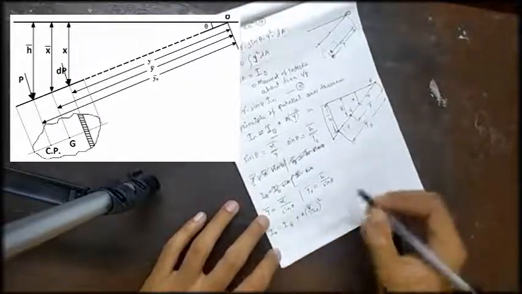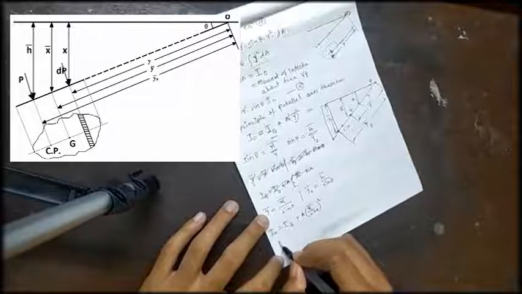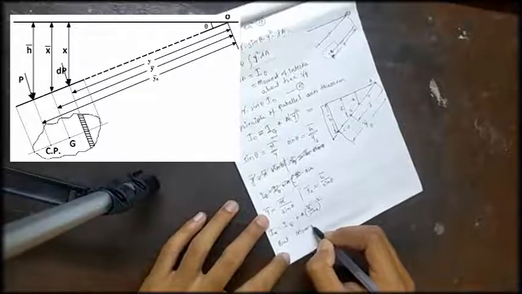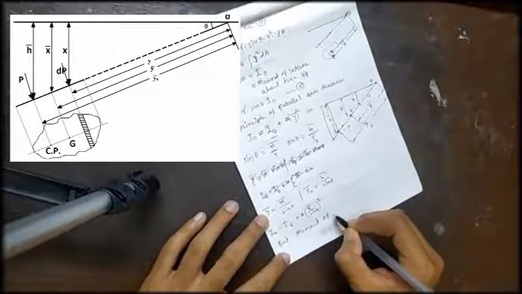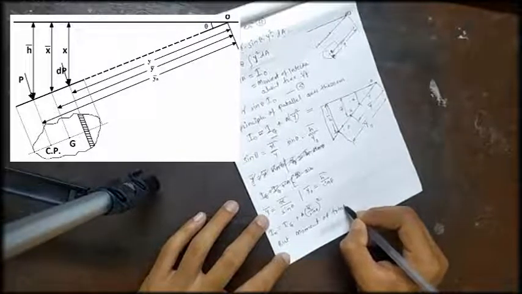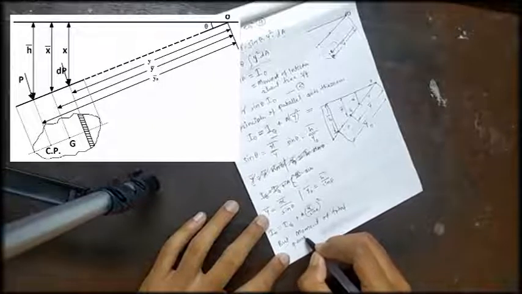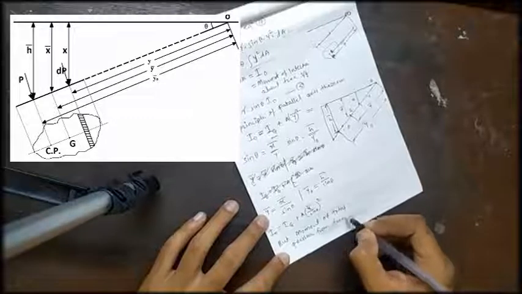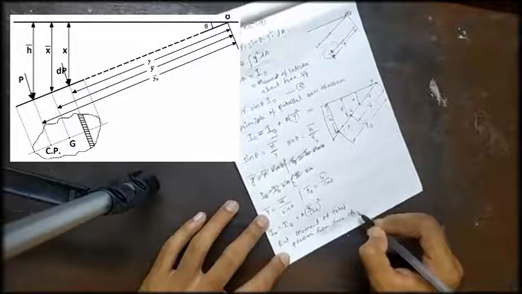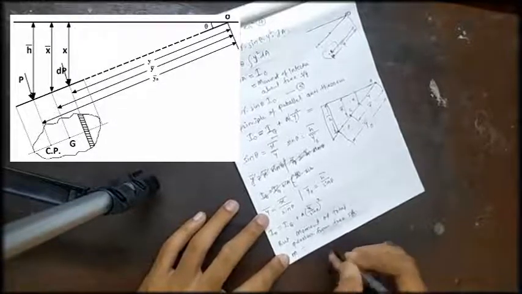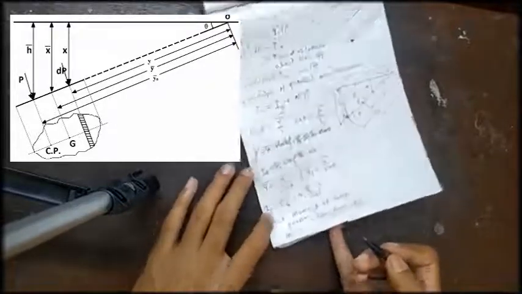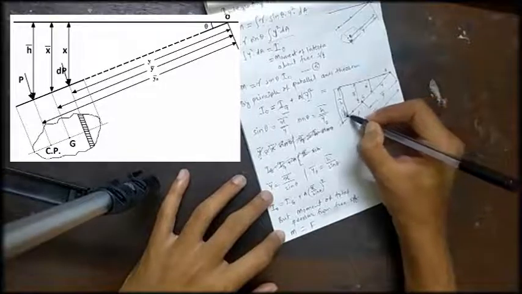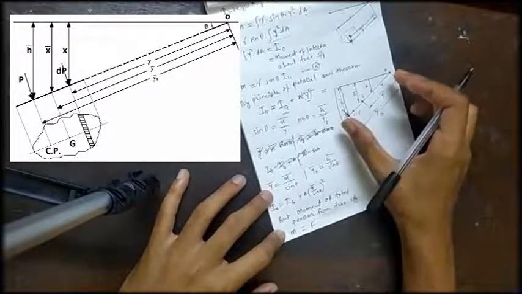But using these relations we can write moment of total pressure from free surface, okay. So that moment is M is equal to force into perpendicular distance, okay. So force, that is the complete force acting on this complete plate, okay.